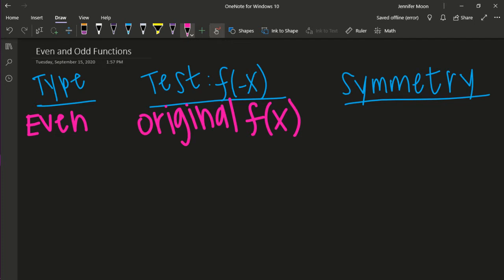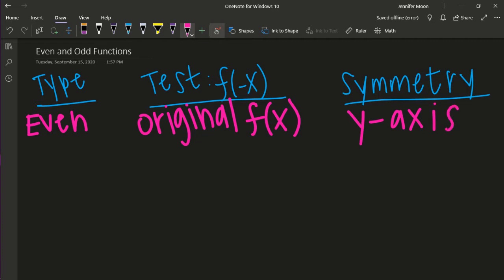An even function has symmetry along the y-axis, which means you could fold your paper on the y-axis and it would match. So our symmetry here is along the y-axis.